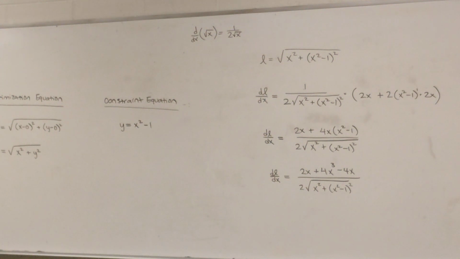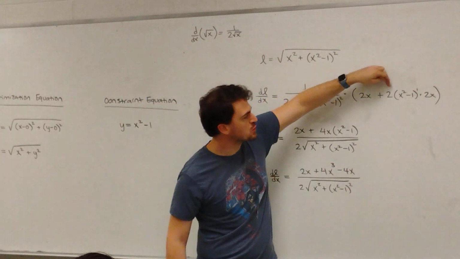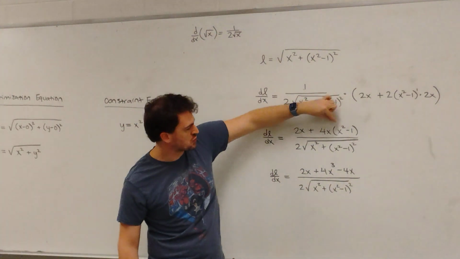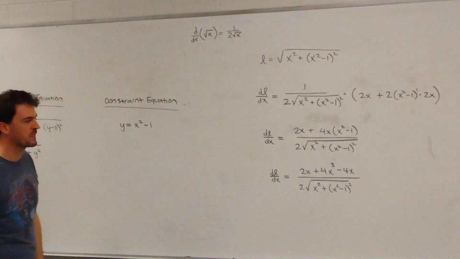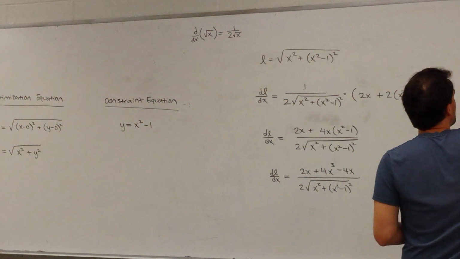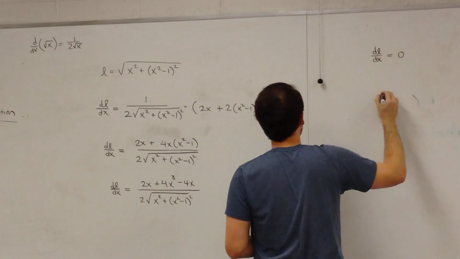Questions on just the derivative? All I did here was write this in the numerator, just say 2 times 2x is 4x. And then in this next line, just distribute 3. So to find critical points, I want to know where our derivative equals 0.